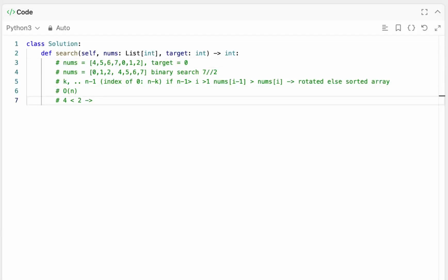I'm considering 7, and 7 is strictly superior to 2, it still means that the I we are searching for is in the middle. So we can choose this side. This becomes the new interval we are considering.